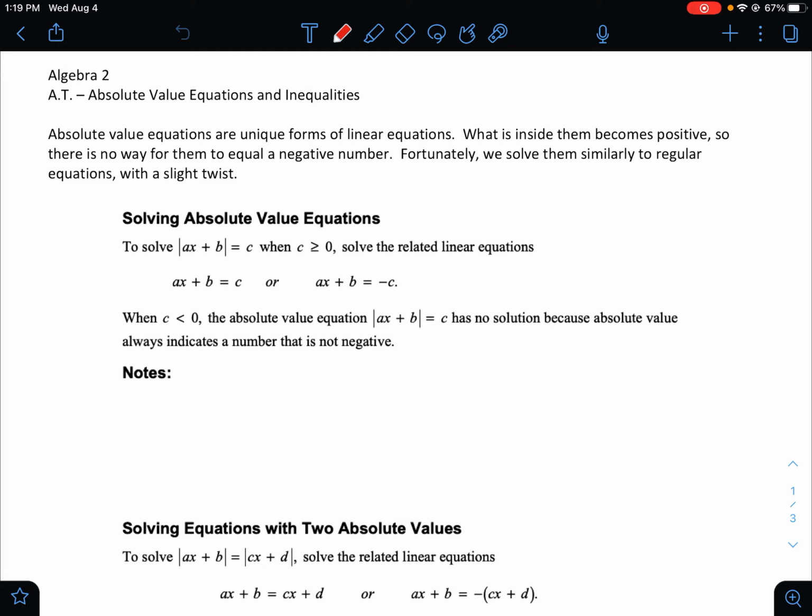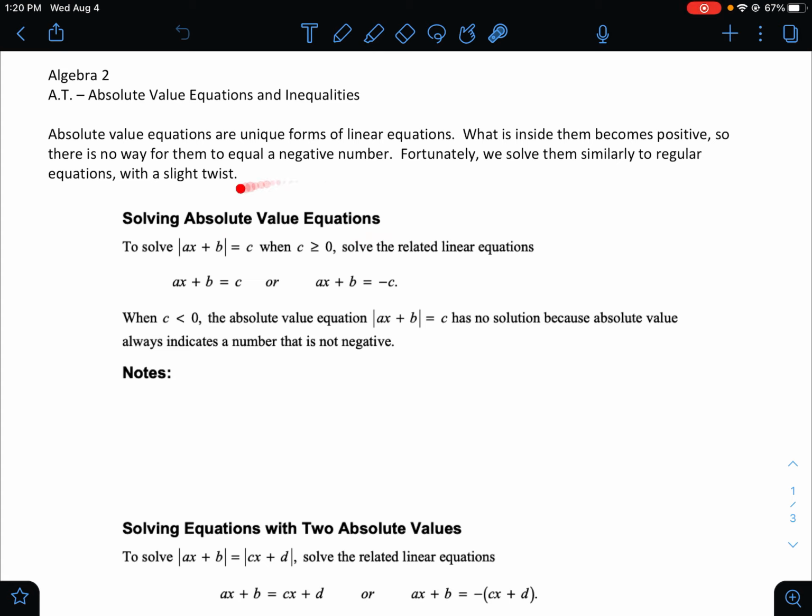Today's lesson is all about absolute value equations and absolute value inequalities. Absolute value equations are generally fairly easy to understand and usually don't run into too many issues. But absolute value inequalities can be a little bit more confusing. So we're going to walk through how to do each type.